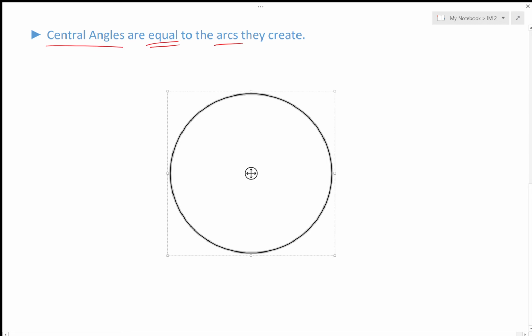So I'm going to go ahead and draw ourselves another circle here. And we have the center because that's important to us today. All these central angles have to be put there in the center. So I'll go ahead and draw a couple.